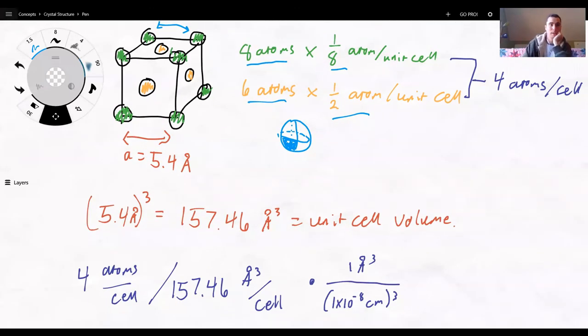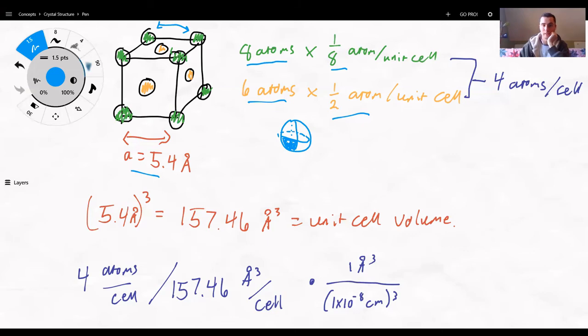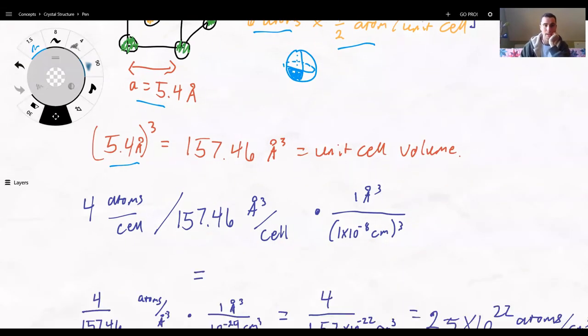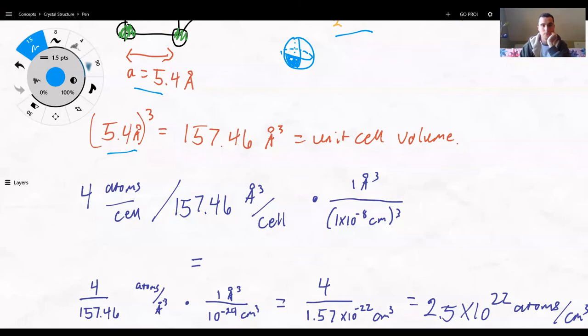Okay. So we know how many atoms per unit cell we have. We know the size of the unit cell, and we're going to cube that to get the volume: 157.46 angstroms cubed. So now we have 4 atoms per unit cell, and we're going to divide that by the volume, 157.46 angstroms cubed per unit cell.